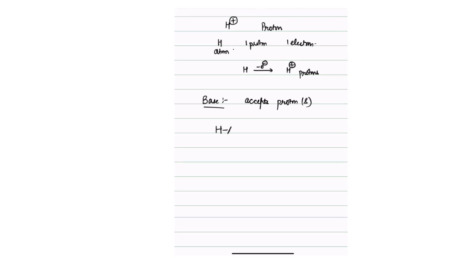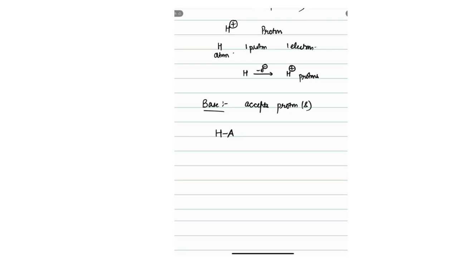Suppose you have a species HA. This is any hypothetical species HA, where H represents hydrogen and A represents, say, an acid anion. Say this species HA reacts with the species B negative.